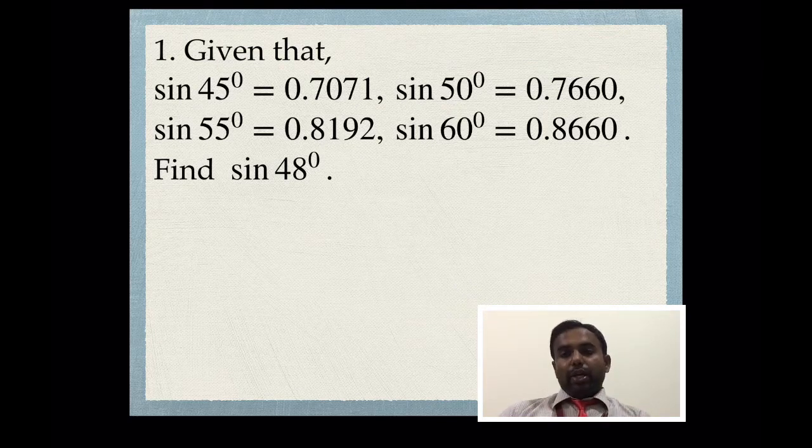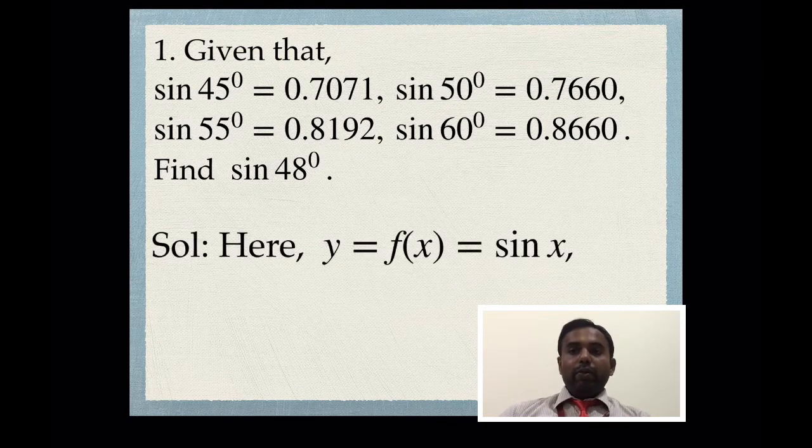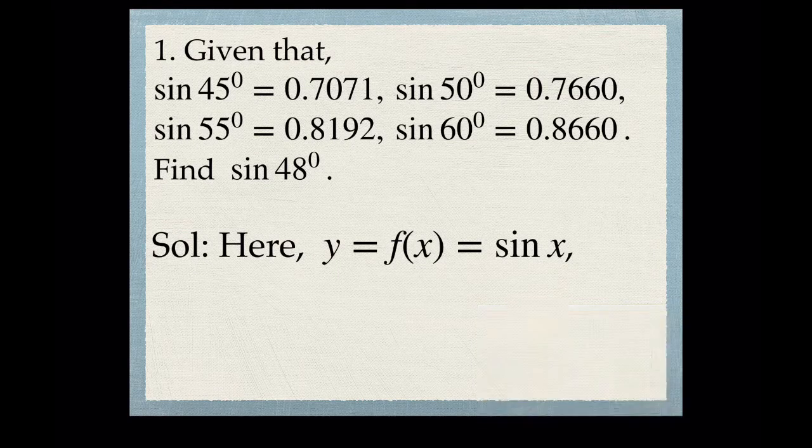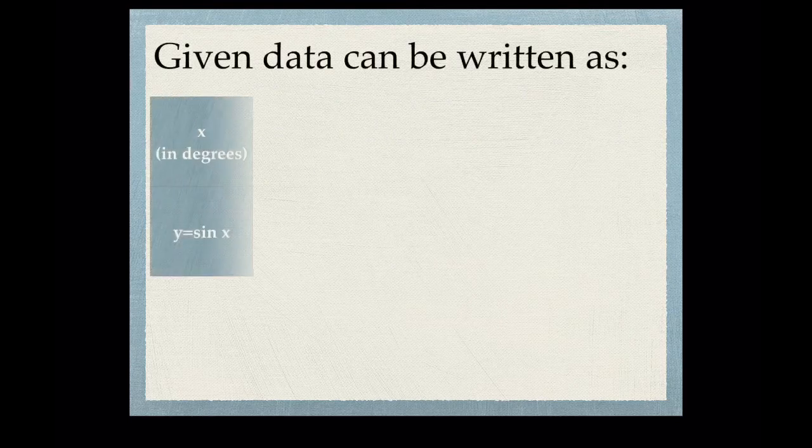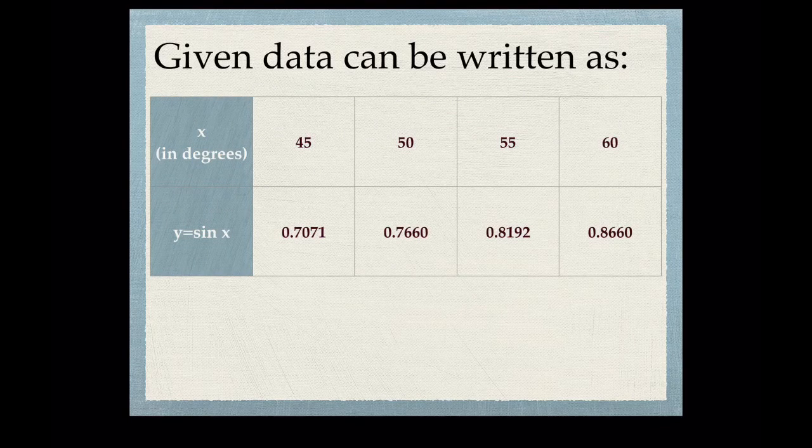Okay, so in the first step, of course, what we will do here is we will take sin x as function y or f of x. Okay, so in the next stage, the given data we will represent in a table where x, as you know, sine of 45 degree they had mentioned.